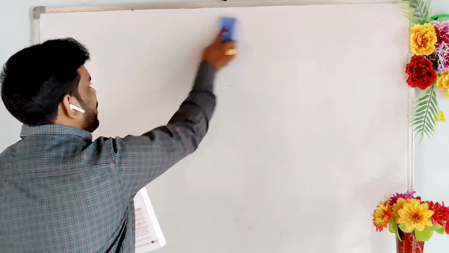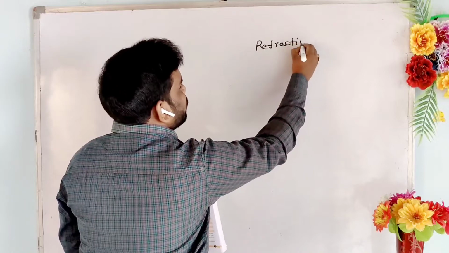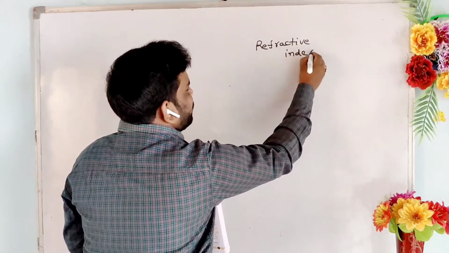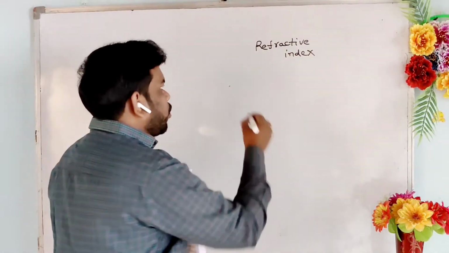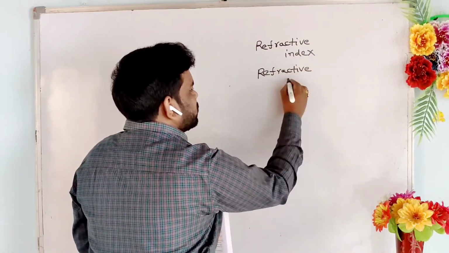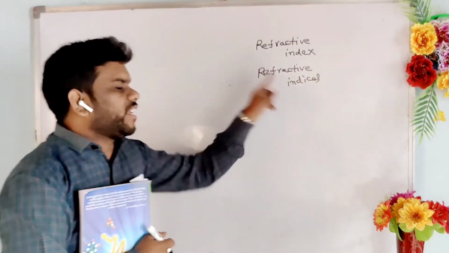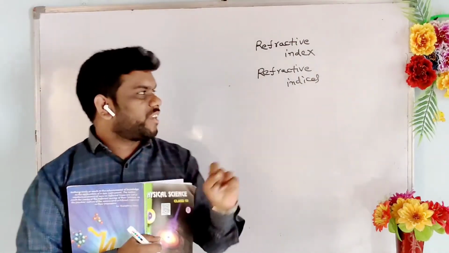One thing you remember, refractive index is a singular word. Plural means refractive indices. I wrote on the board: refractive indices means more than one, and only one means refractive index.